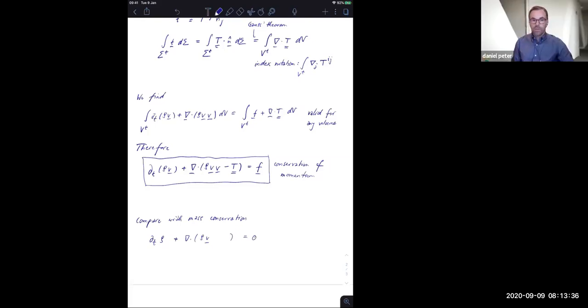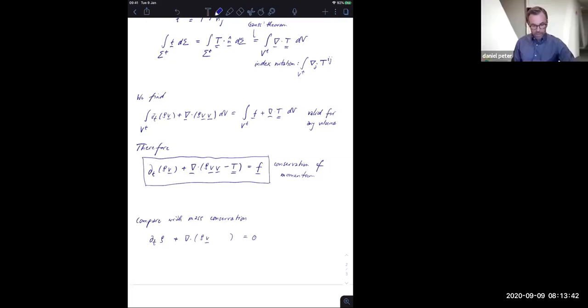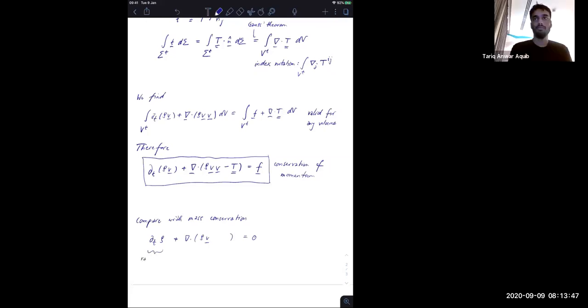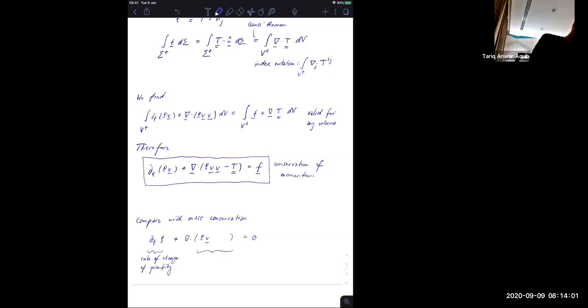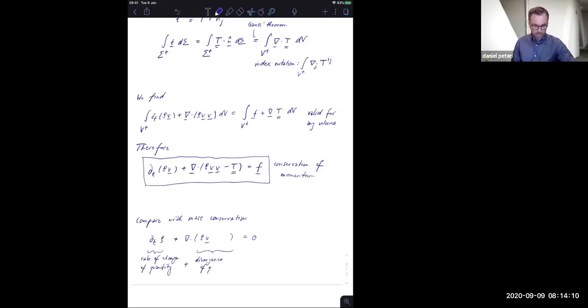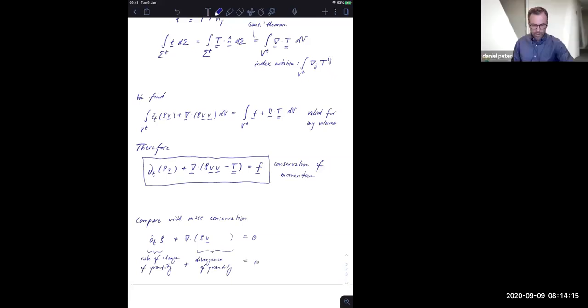So if you compare the two equations, they look very similar. What you have is the rate of change of a quantity plus the divergence of the quantity is equal to something.